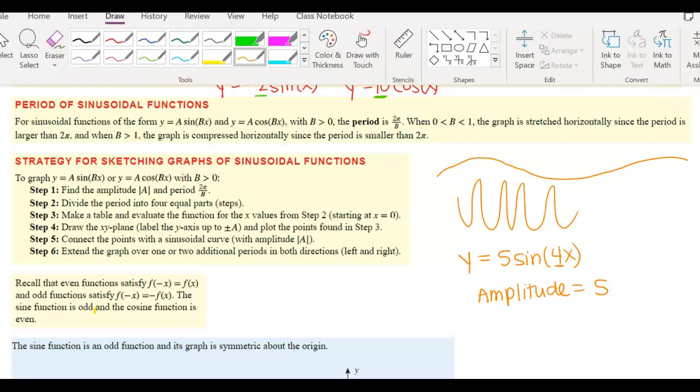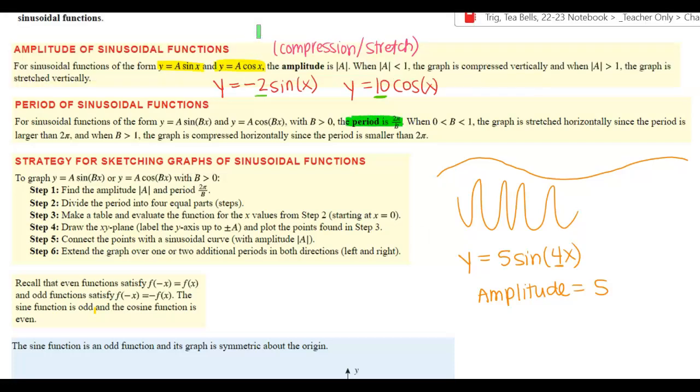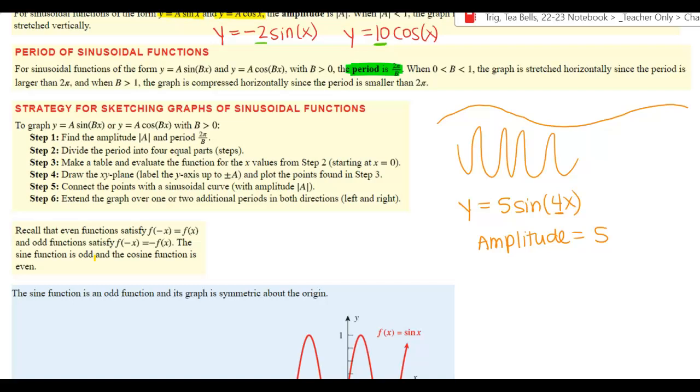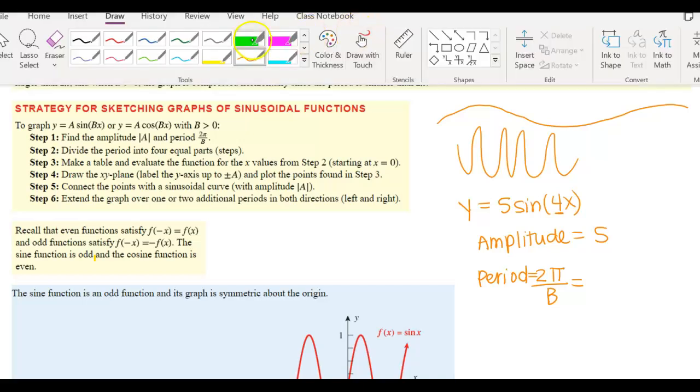We can always find our period by taking 2 pi over b. For this, our period is 2 pi over b, where b is just the coefficient on the x.